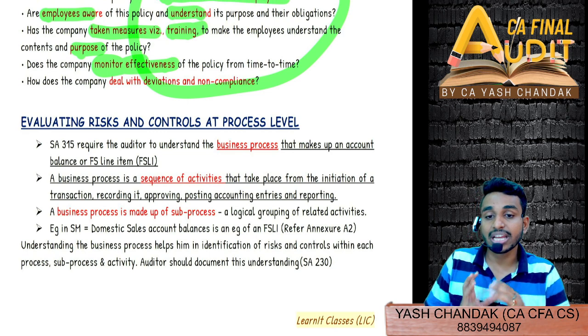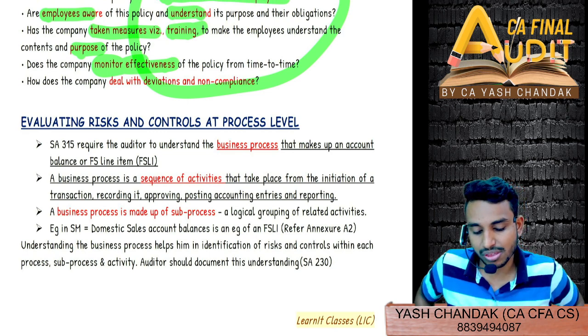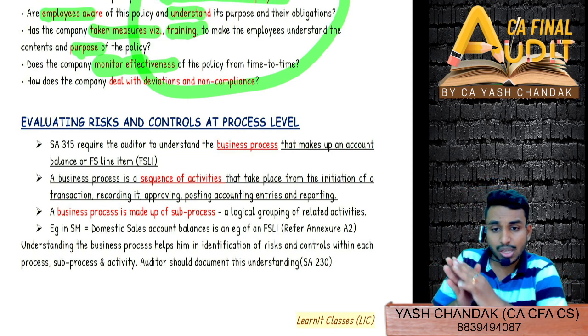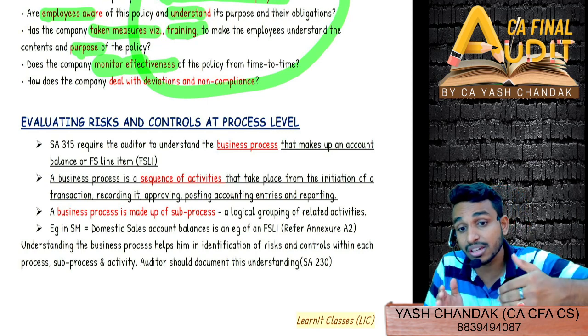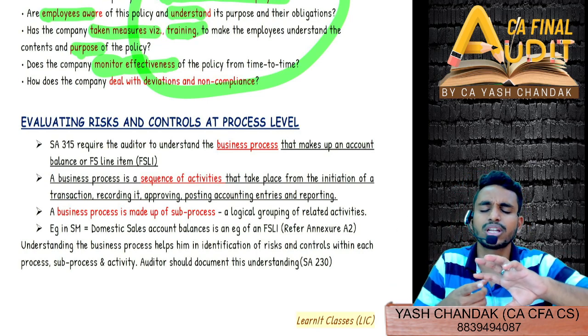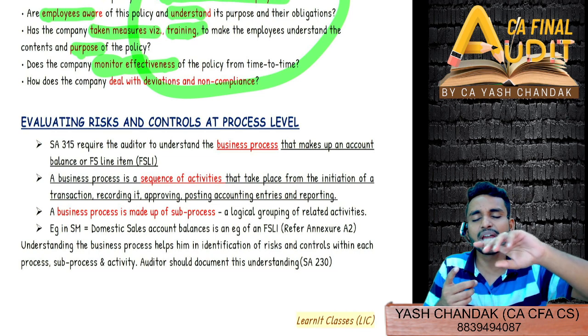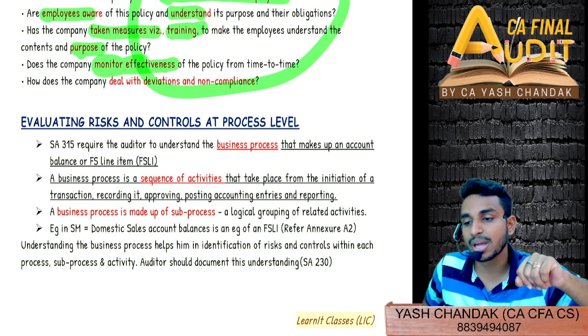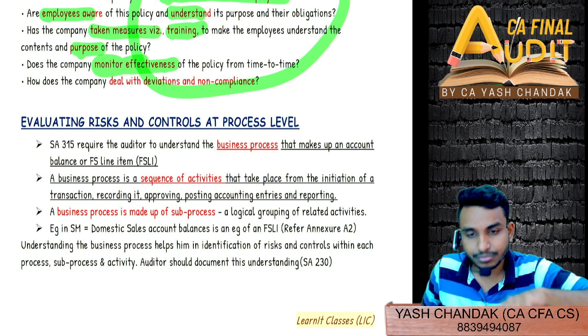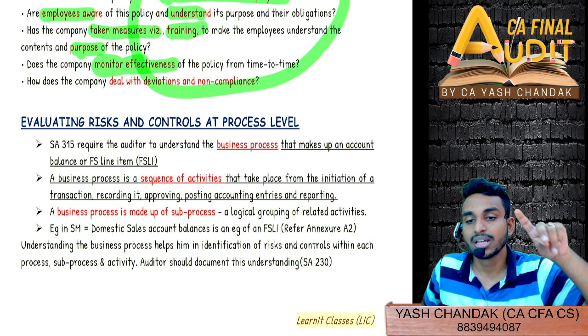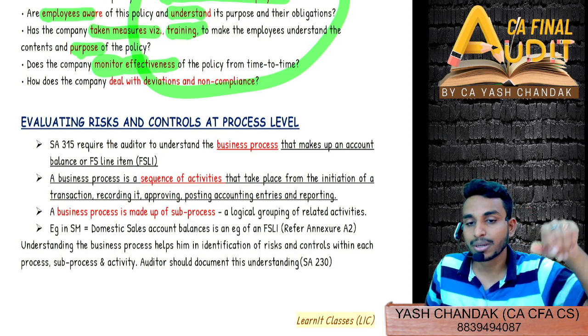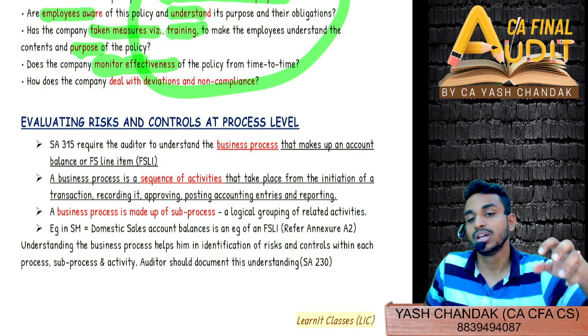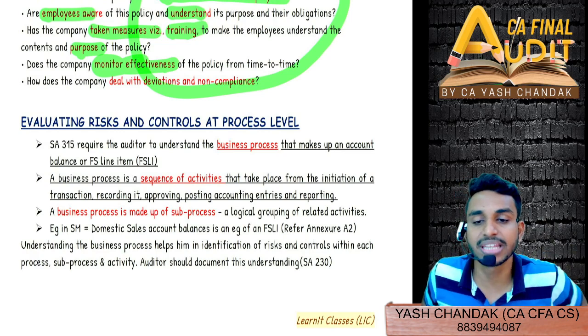So we as auditors are required to understand this business process, and this business process is generally a sequence of activities and includes within it sub processes as well. That means what? Sequence of activities. For example, you can say P2P. P2P example is what? Sequence of activities, right? PRN, then PO, quotation, purchase order, invoicing, goods receipt note, quality checking, everything, accounts payable, cash.